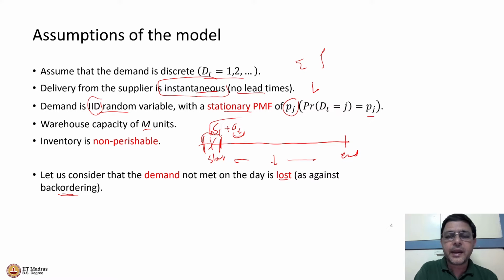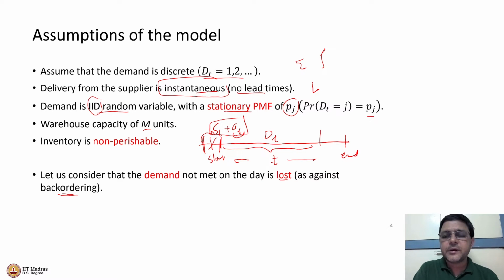Therefore my inventory at hand becomes ST plus AT, which can be used to satisfy the demand. Now demand can happen any time during the time period, right? This is your DT. Unfortunately, I don't know the value of DT a priori. I only know the probability distribution. However, as I realize the demand, I will actually know the value, but I have to place the order even before I realize how much demand I am going to see in that particular time period, right?